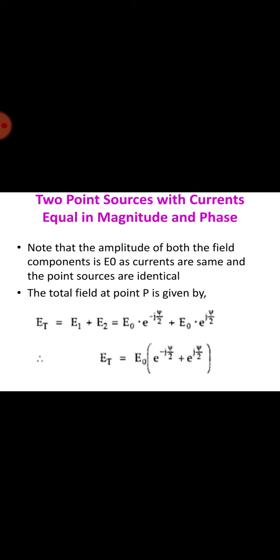We can note that the amplitude of both field components is E0 as the currents are the same and the point sources are identical. The total field at point P is given by Et is equal to E1 plus E2, and this can be written as E0 into e power minus j psi by 2 plus E0 into e power plus j psi by 2. Taking E0 outside, it is equal to E0 into e power minus j psi by 2 plus e power plus j psi by 2.